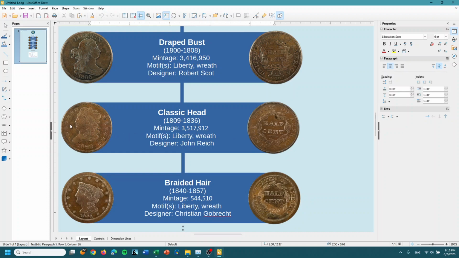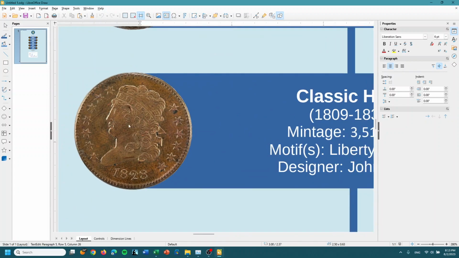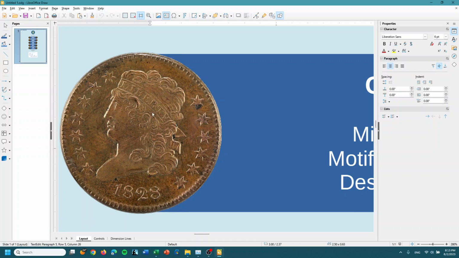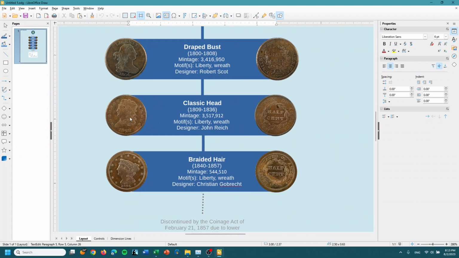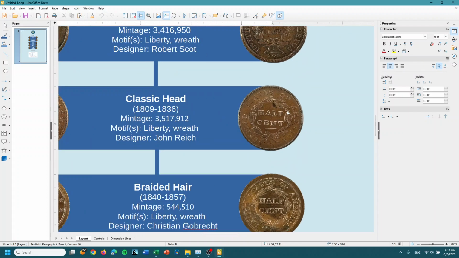Motifs also similar, although obviously the Liberty here looks a lot different. Curly hair, she has the Liberty headband over here, with stars surrounding her this time. We have 7, 10, 13 stars, probably representing the 13 original colonies.